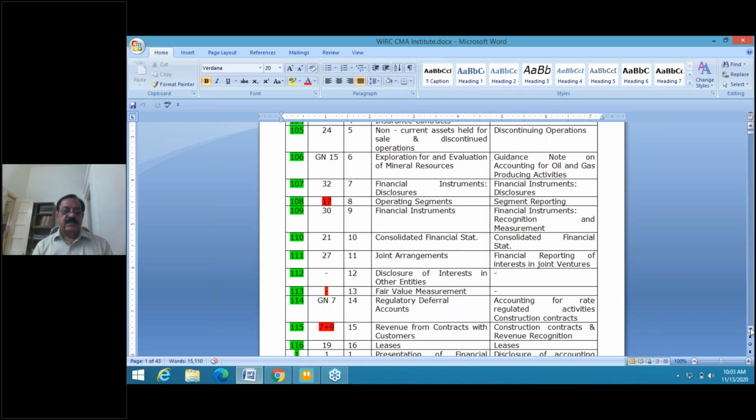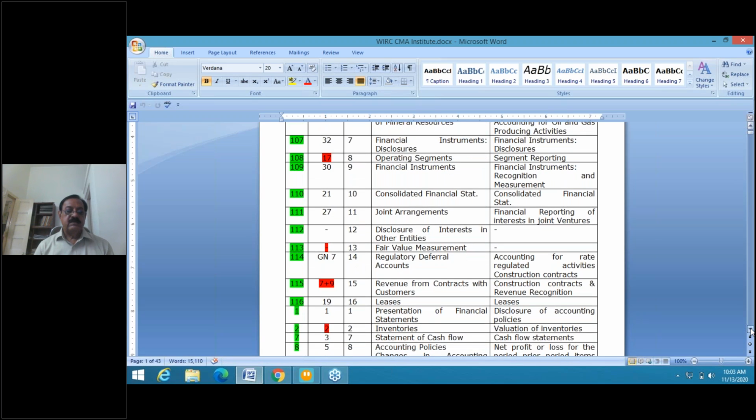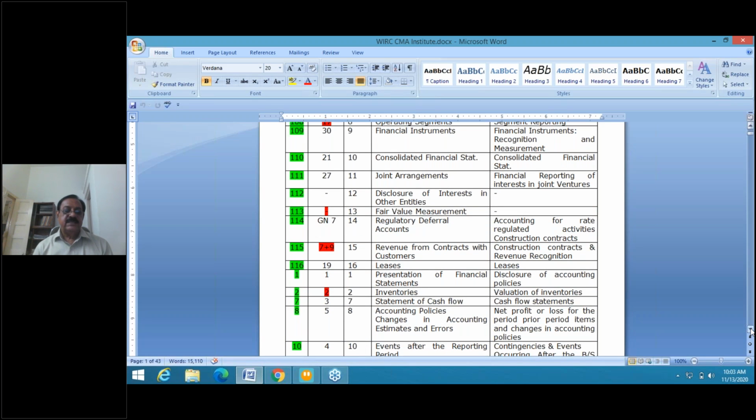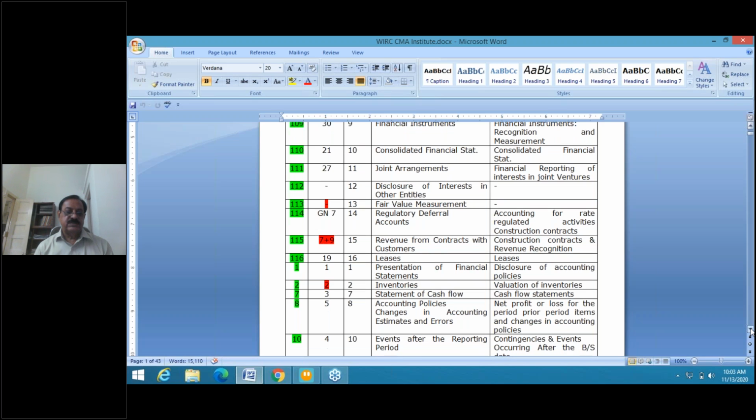So I will be taking AS 7, that is, construction contracts. That will be taken by me, friends. Then I will be taking Ind AS 2. Both numbers are the same, inventories, only the name is changed.